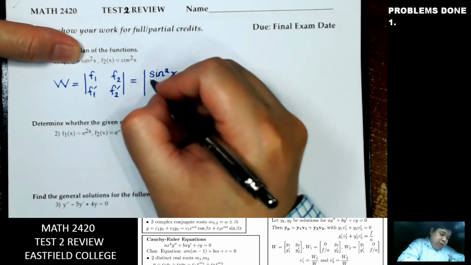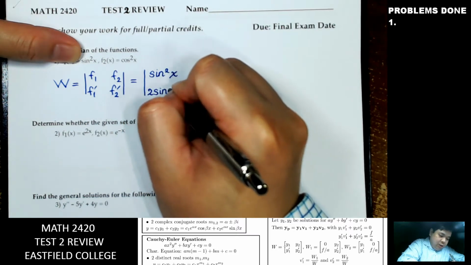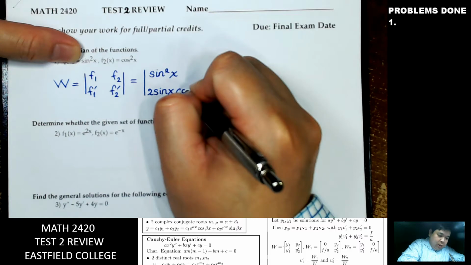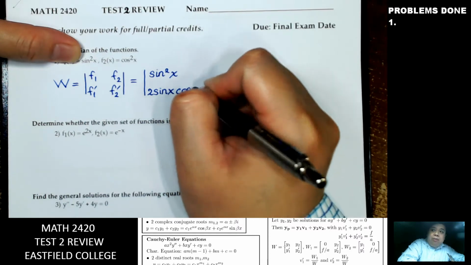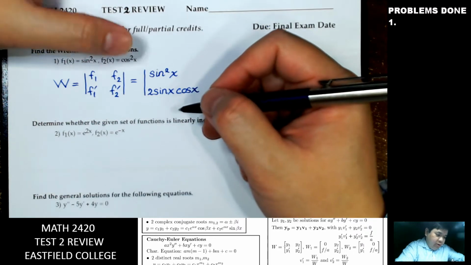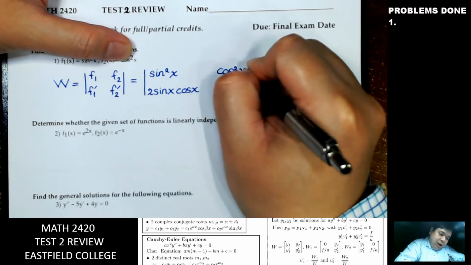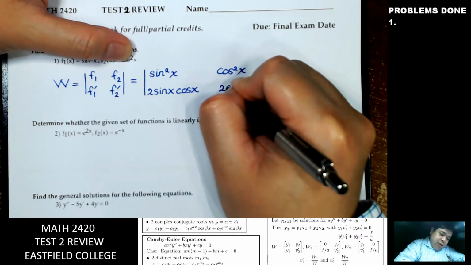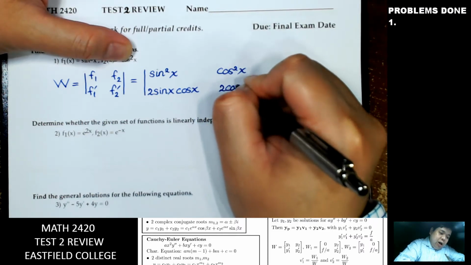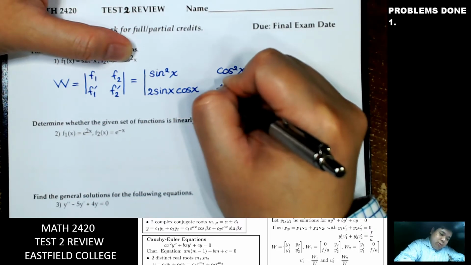Our derivative is going to be 2 sine x cosine x. And then cosine squared, and the derivative of cosine is negative sine x, so we put the minus here.